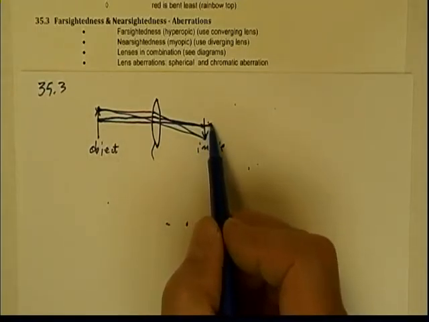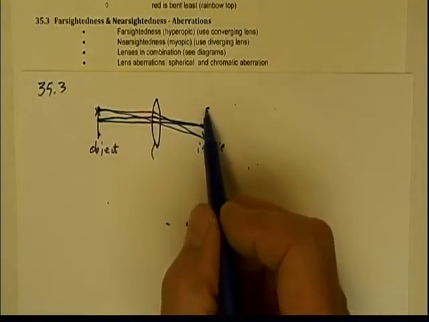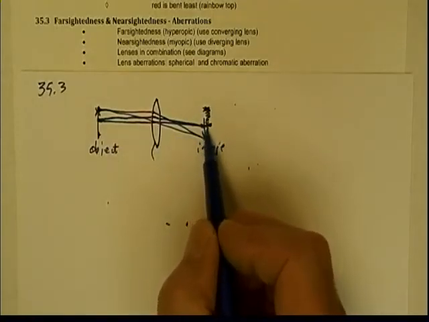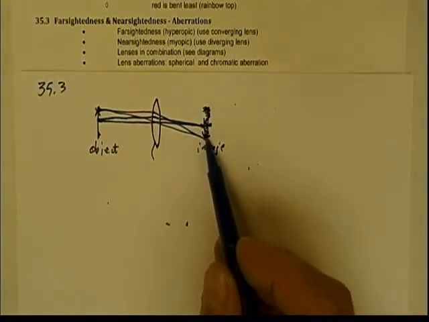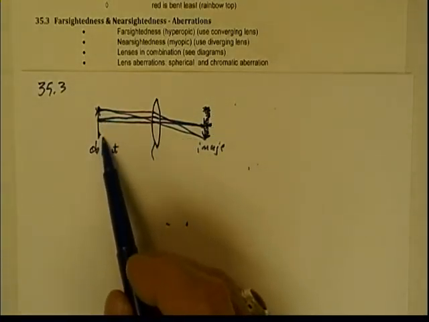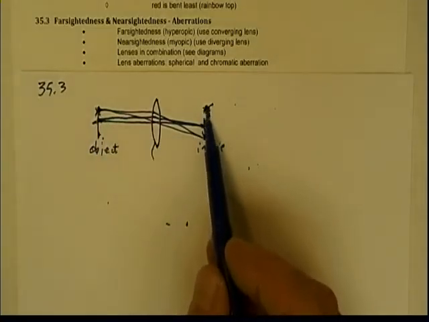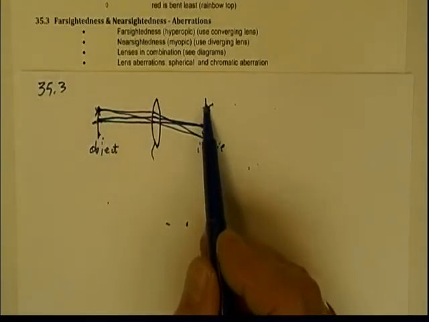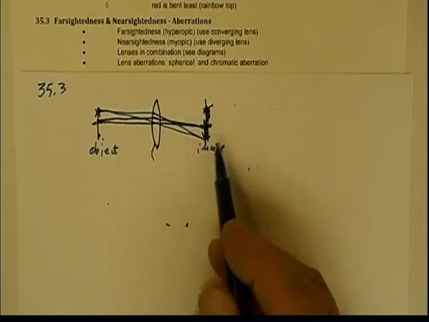might focus here, and another part of the object might focus in another position. So in fact, what we have is a fuzziness associated with the image, because each part of the object at different distances from the center will focus at different positions here. So when we put up a flat plane, then in fact we do not get an exact focus of the image.